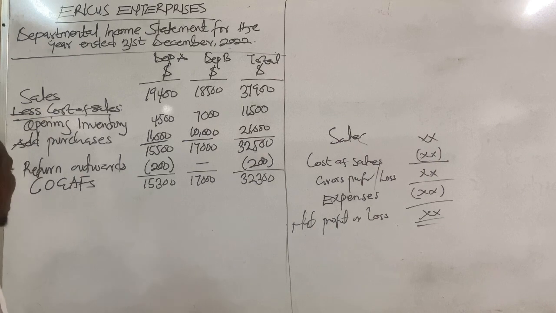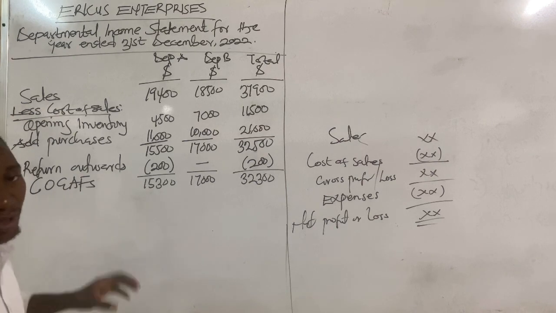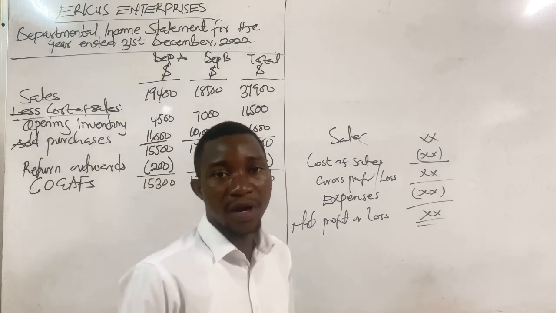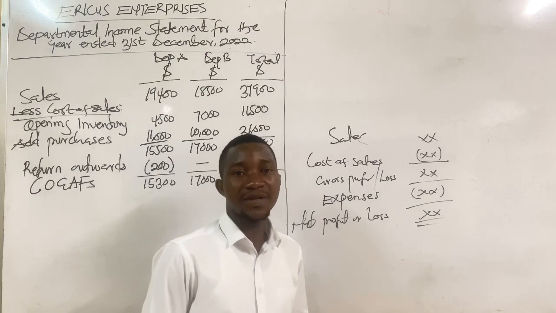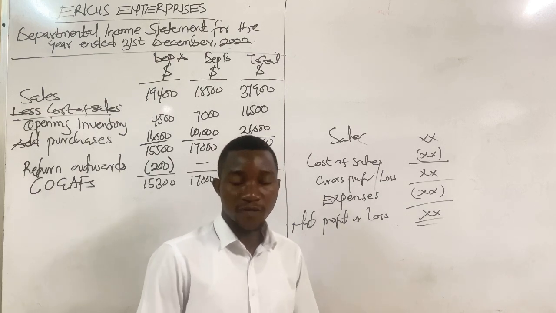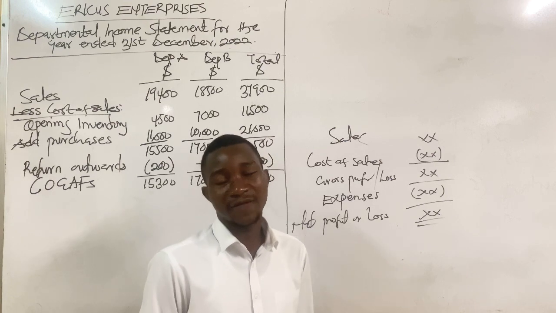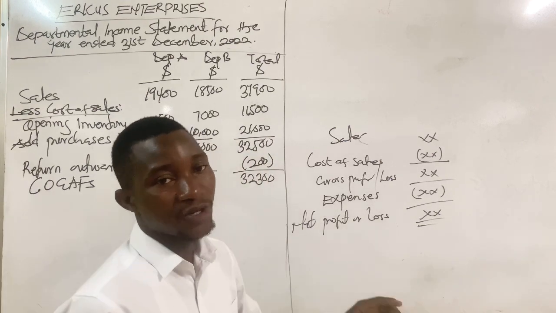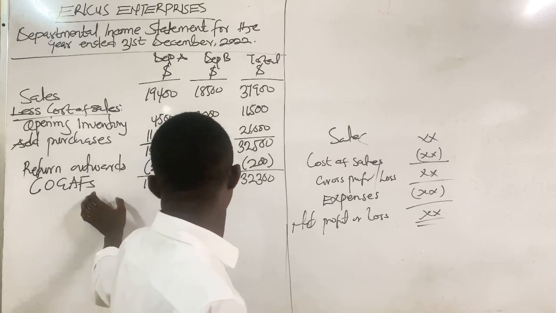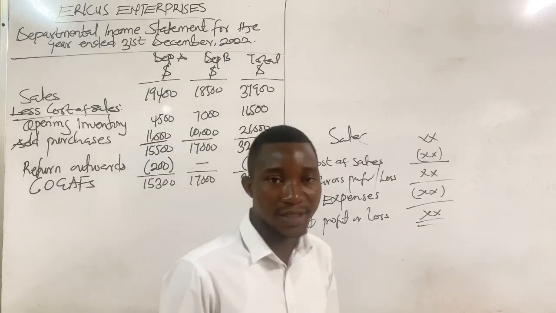Okay. And after arriving at our cost of goods available for sale, we have to go through the question to see if there is a transfer of goods. Okay, because from the concept of interdepartmental transfers, goods transferred are supposed to be adjusted on the cost of goods available for sale.